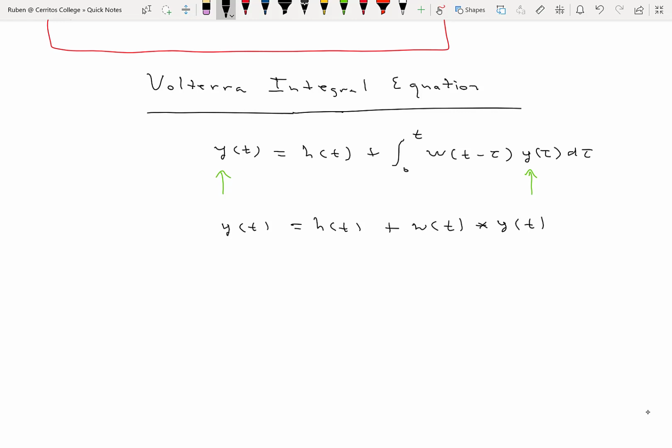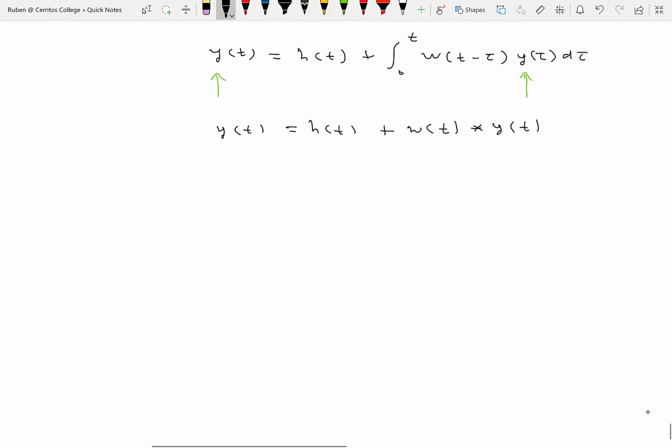Okay, it looks like an algebraic equation. We want to solve for y of t. You would think maybe just subtract the w of t convolved with y of t from both sides and somehow isolate y of t, but that's not quite that easy because it's not a regular multiplication we're looking at on the right-hand side.